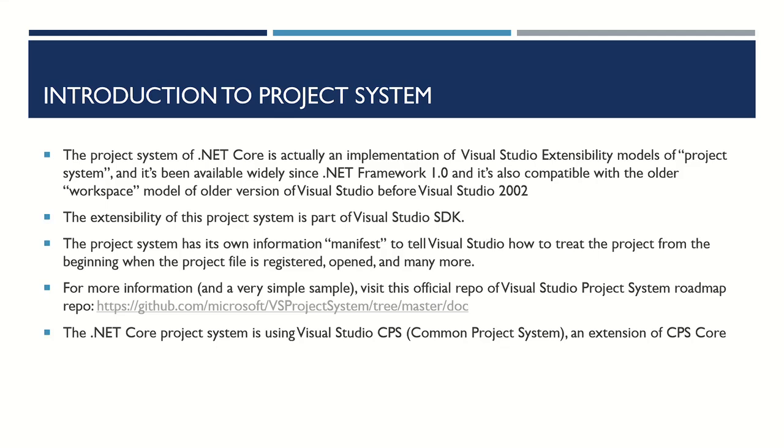It is better in a sense that you'll see that I can directly edit the project file, and that project file doesn't have any clutter of include this file, this file, this file, like we have in the old .NET framework. And it is also an extension of CPS Core. The capability of not including all of those files is included as part of this CPS Core. CPS Core is basically a new extension of the existing Visual Studio project system actually.